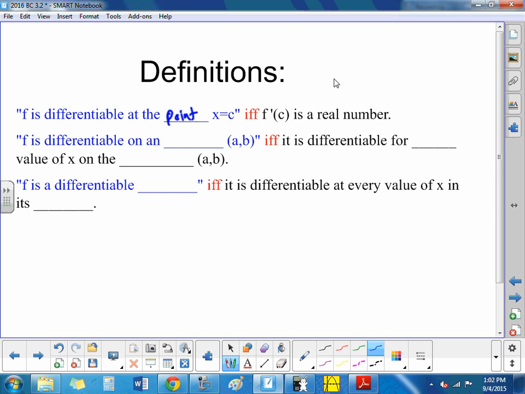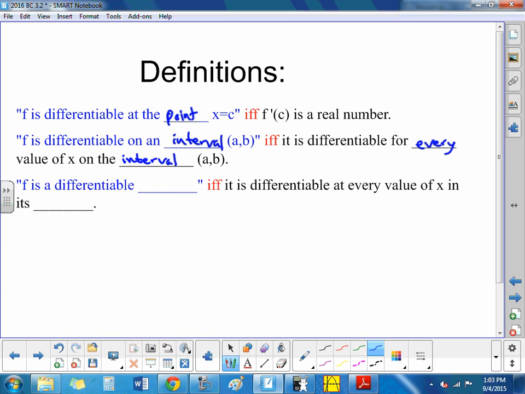Okay. All right. The next one is also an IFF statement. F is differentiable on an interval a comma b, if and only if it is differentiable for every value of x on the interval a comma b. So this can be worded as two conditional statements as well.